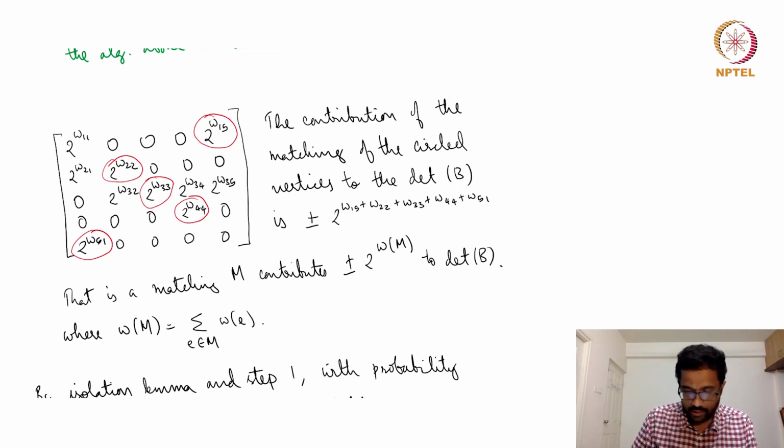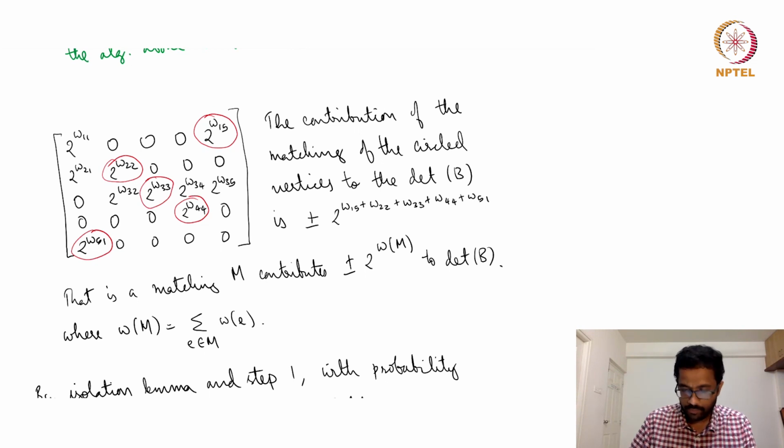The term contributed to the determinant by this perfect matching is 2 power W15 multiplied by 2 power W22 multiplied by 2 power W33 multiplied by 2 power W44 multiplied by 2 power W51. This could be plus or minus depending on whether the permutation is odd or even.